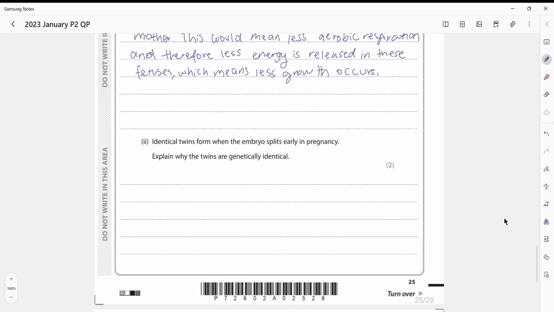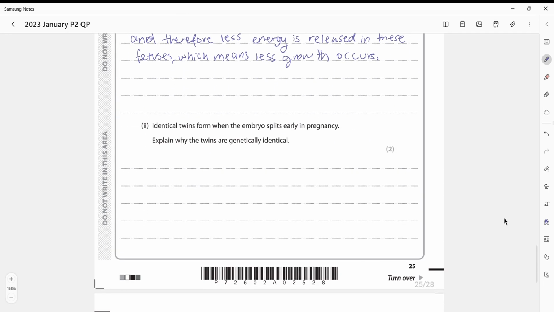Okay. Part 2. Identical twins form when the embryo splits early in pregnancy. Explain why the twins are genetically identical. They are genetically identical because they come from the same egg and sperm. When that happens, a zygote forms, and then it forms into an embryo, and then this embryo splits into two.